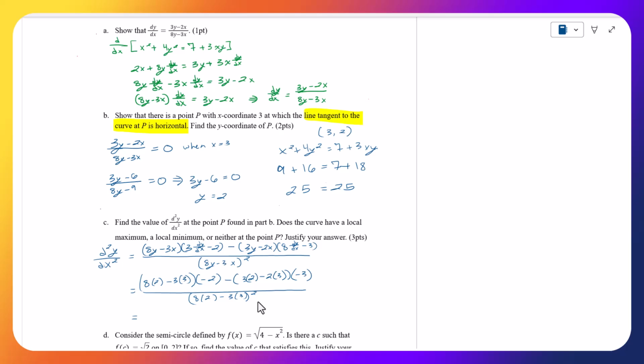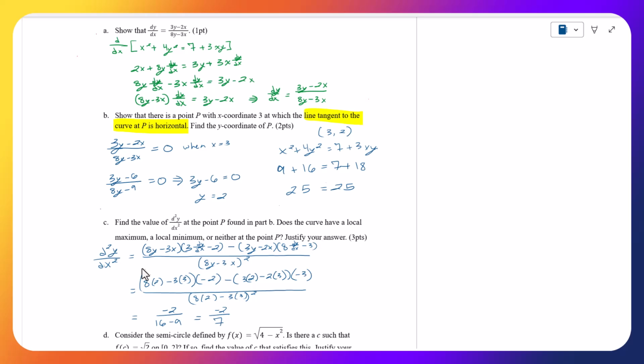So we get negative 2 over 16 minus 9 equals negative 2 over 7. And this is our derivative at that point, negative 2 over 7. This is 1 point right here.